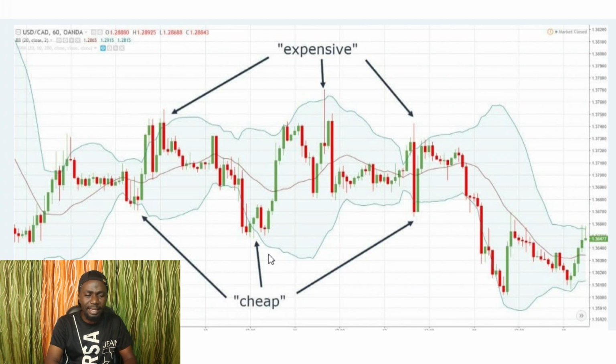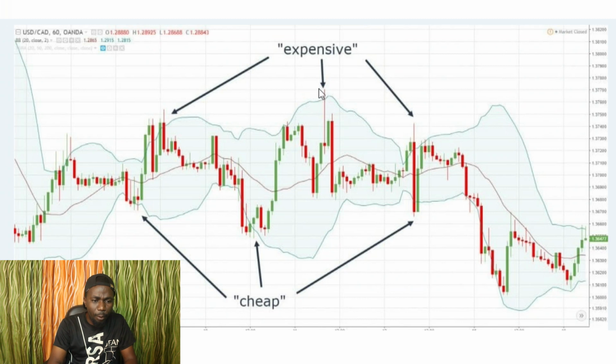Because when the price is at the outer lower band, it tells you that the market is at a cheap price, so buyers can step in and push the price up. And when the price is at the outer upper band, it means that the price is too expensive, and the sellers will step in and then sell the market.